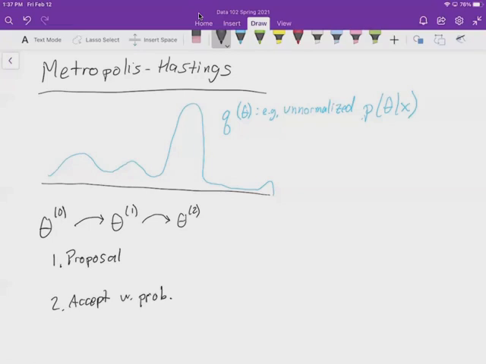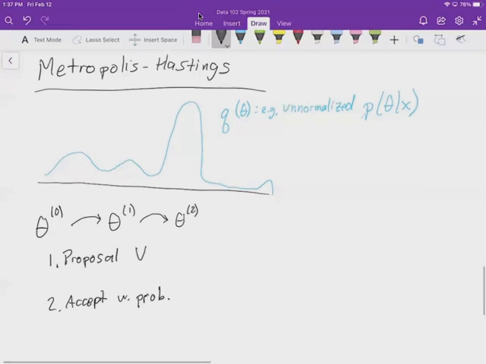So the proposal will come from something we'll call a proposal distribution. And we're going to notationally write this out as v of theta prime given theta. And basically what this says is, given the previous sample, this is a distribution over the next sample.